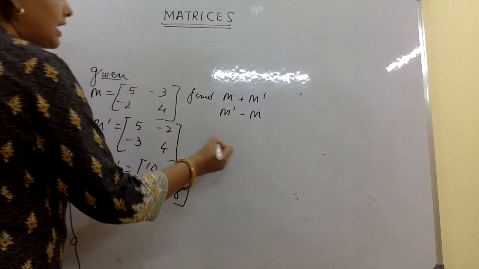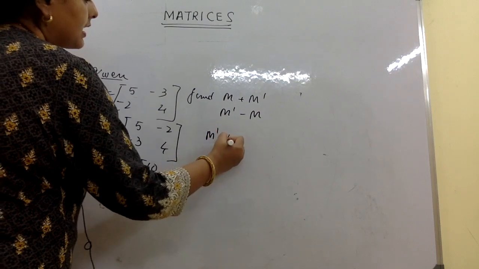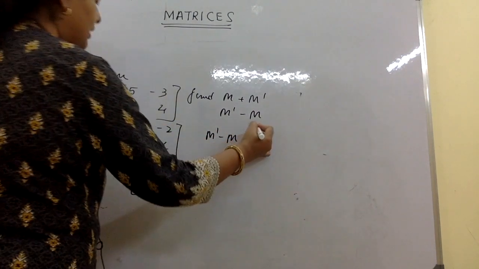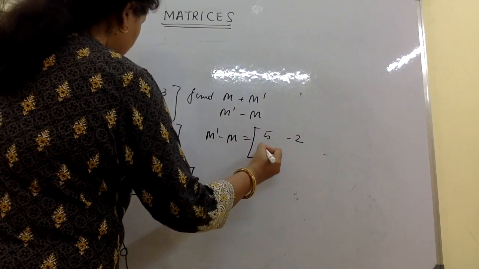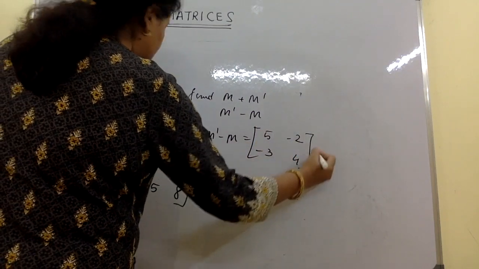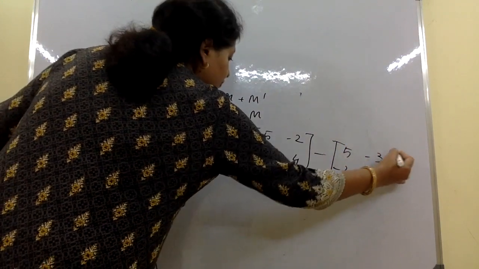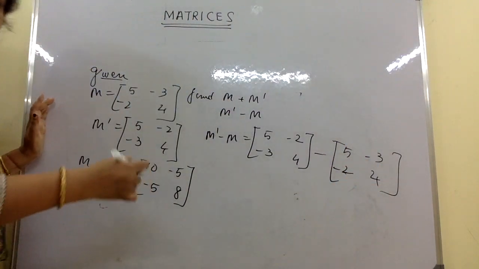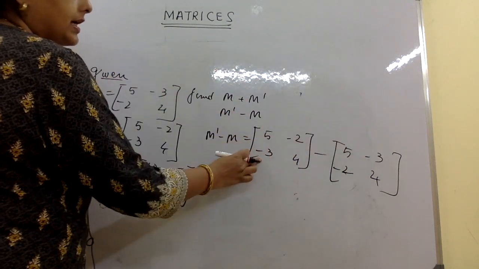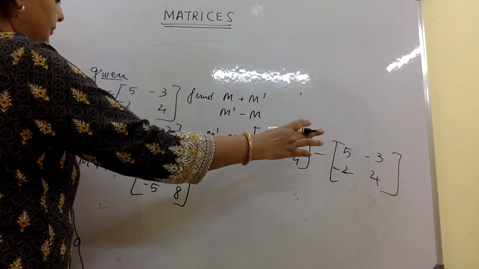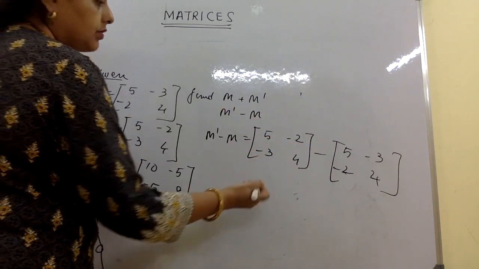Okay, and m dash minus m, that is how much? So we'll have to keep this, if required let us write it only, so to reduce our chances of mistakes. Okay, so 5 minus 3 minus 2 and 4. Okay, so we have written it properly, m dash first, note that. Okay, and m later. So now we are going to work on it.